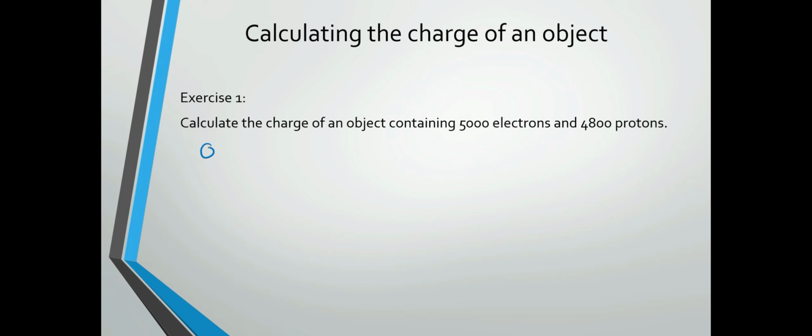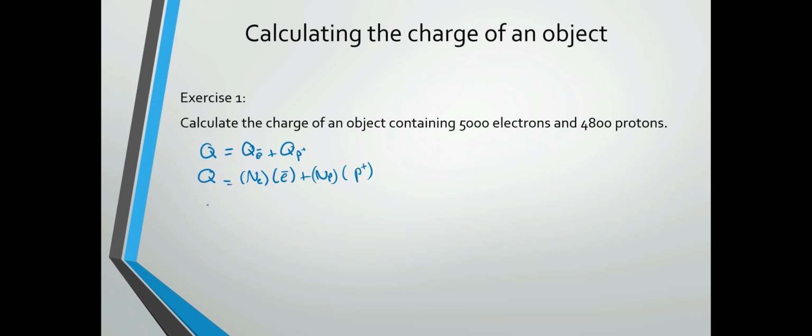So Q is equal to QE plus QP. Then Q, the charge on the object, is equal to the number of electrons multiplied by the charge of one electron plus the number of protons multiplied by the charge of one proton.